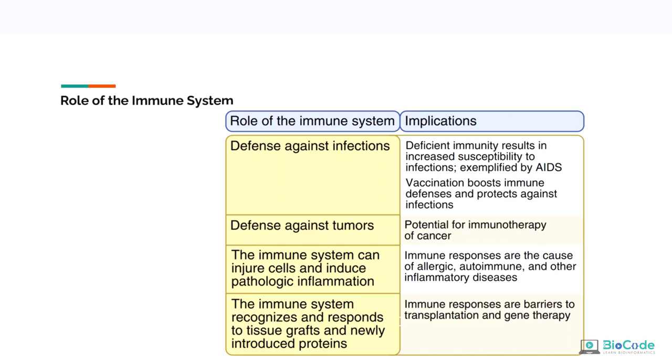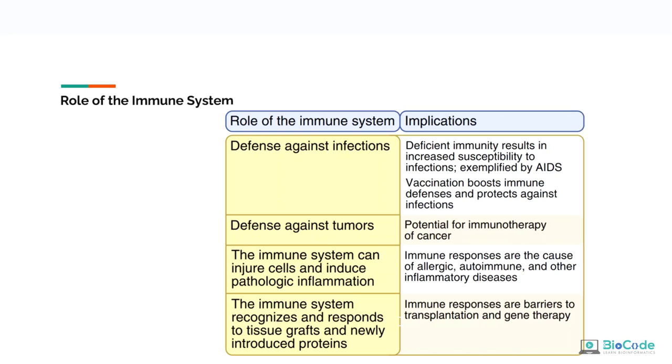If the immunity is deficient, it results in increased susceptibility to infections like AIDS. Vaccination boosts the immune defenses and protects against infections.